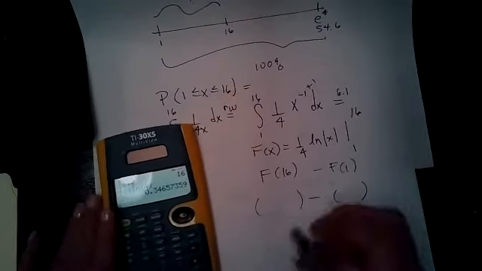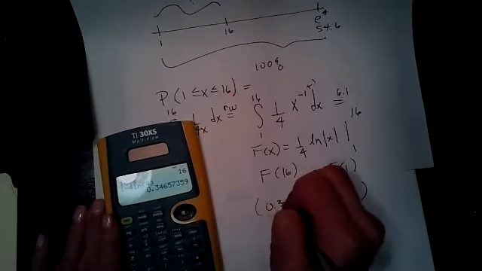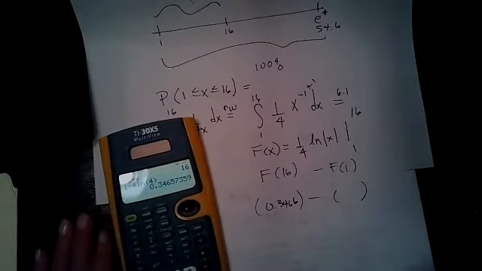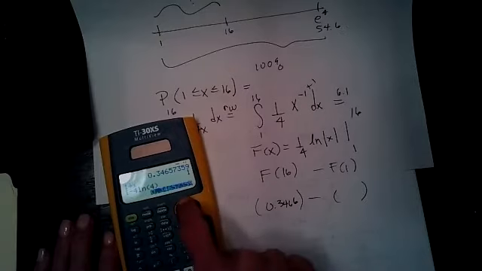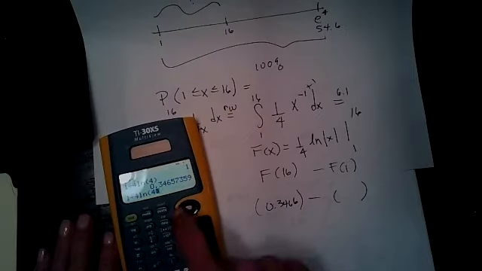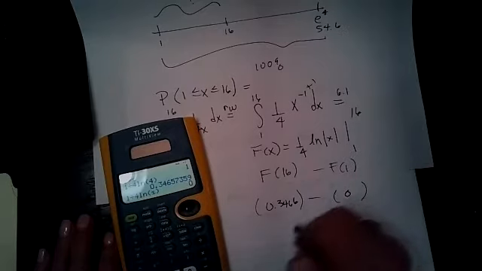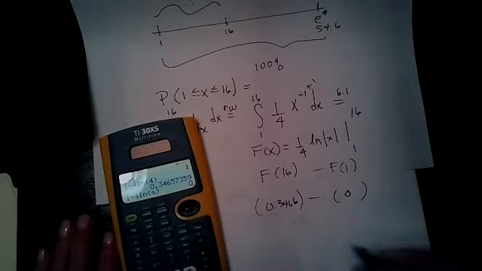So I get 0.3466. And then if I do 1 and store for x and enter and put it in my antiderivative, that's not true because I was supposed to put x. So yes, that one's true. So it's 0. The ln of 1 is 0.